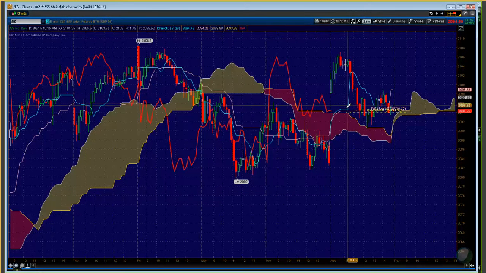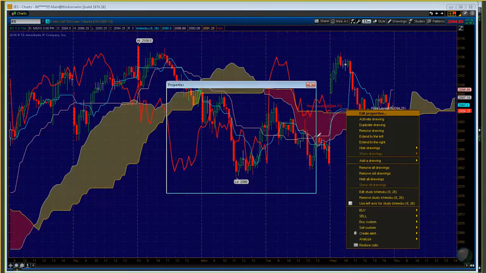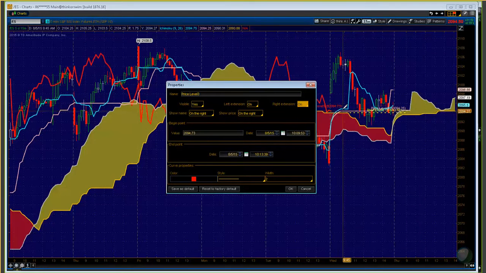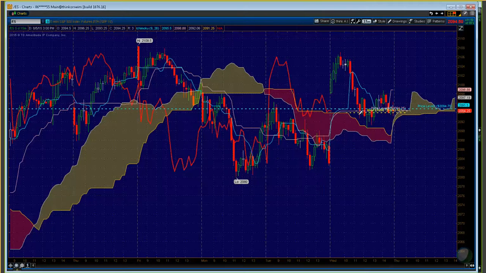And then the Tenkan Sen was at 94.75. I'll make that the blue line, and you'll see where I'm going with this in a second. Appreciate your patience.